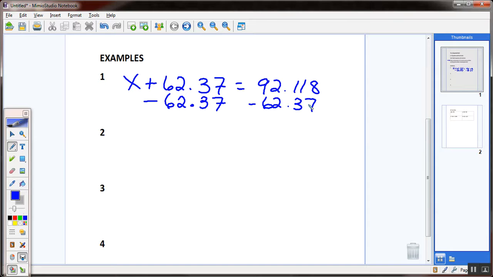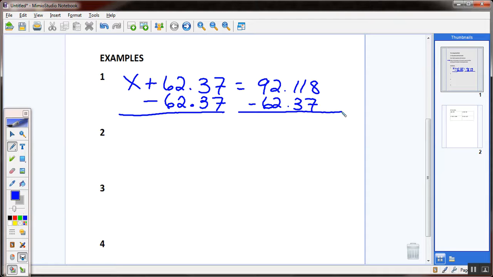Okay, and then again, the calculator's going to help this out. So do I have a volunteer that would punch that up for me on the right? 92.118 minus 62.37. Wesley, let me know when you have it. 29.748.